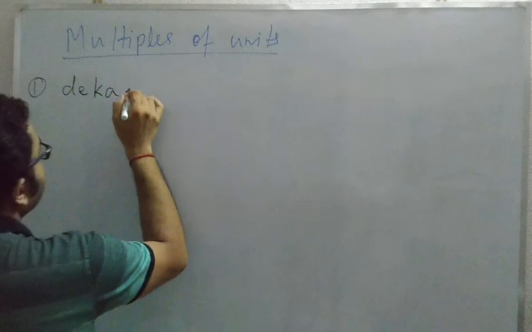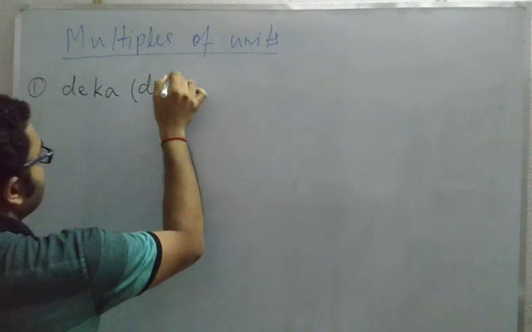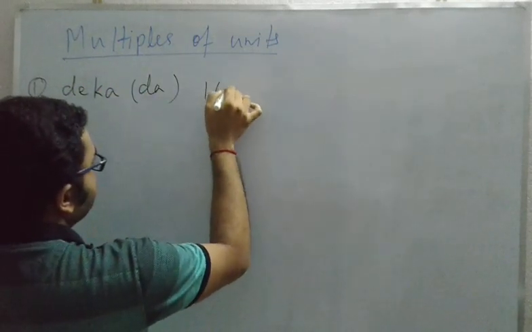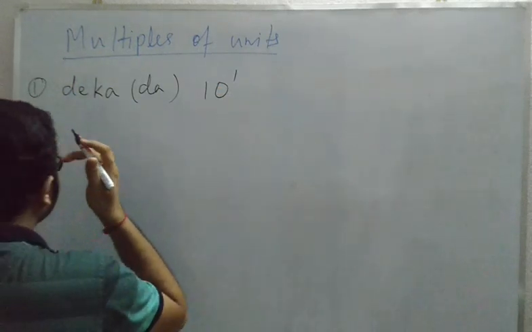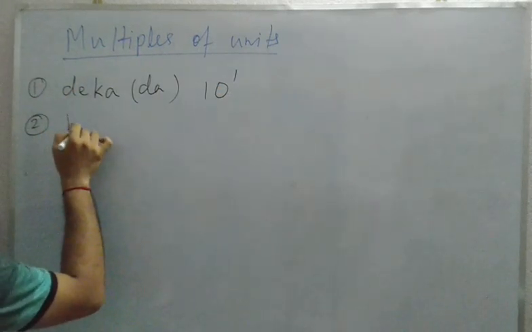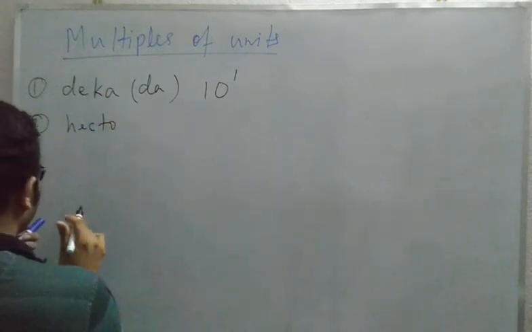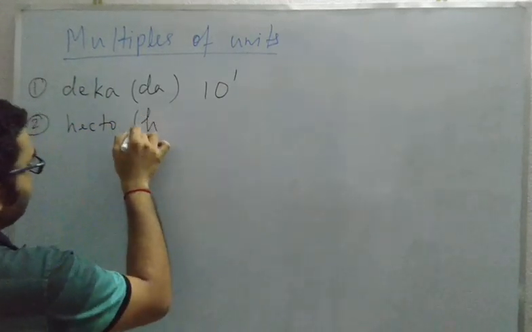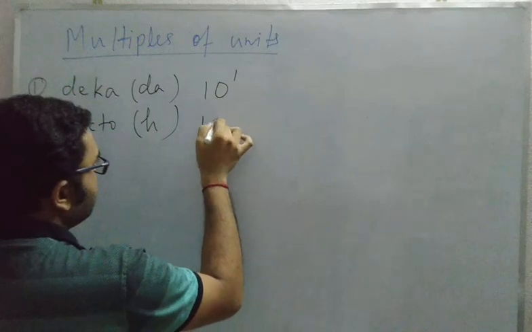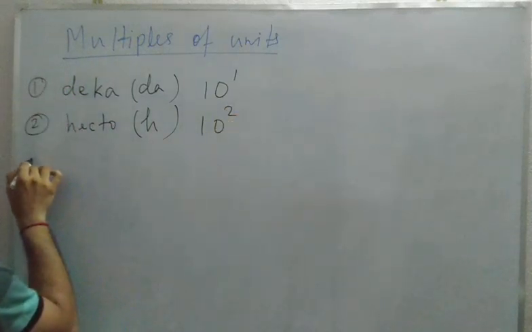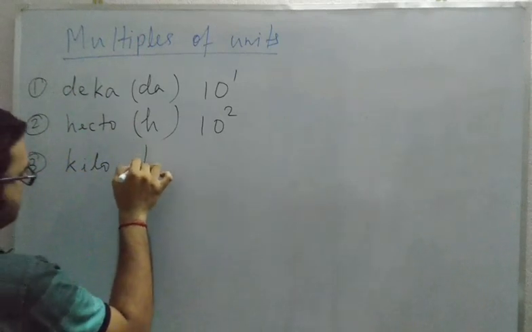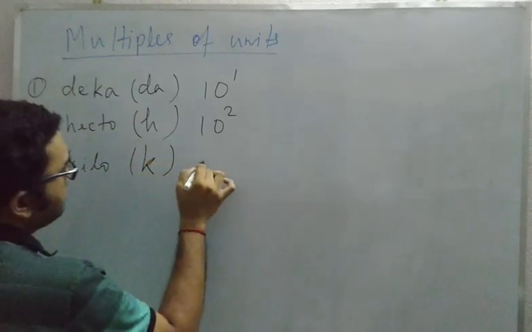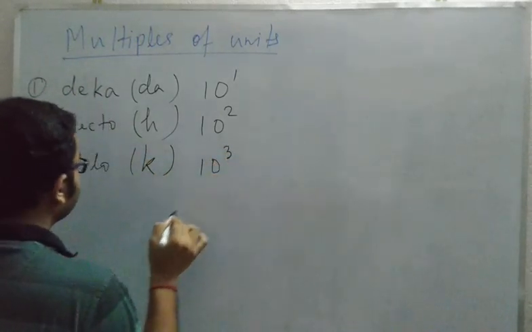Symbol is da. It is a value of 10 to the power 1. Second is hecto. Symbol is h. It is 10 to the power 2. Third is kilo. Symbol is small k. It's 10 to the power 3.